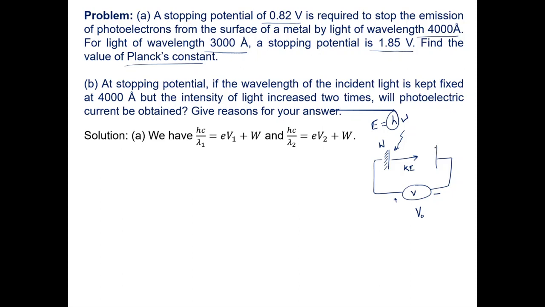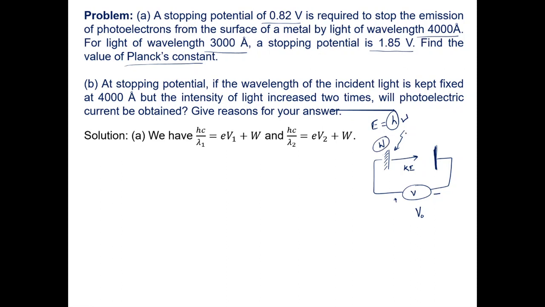So the right side plate must repel the electrons, and therefore it should retard the kinetic energy of the electrons. And if this retarding potential is equivalent to the kinetic energy, the electrons will not be able to reach the other side of the plate, right? So what we are doing here is running this experiment for different light sources. The work function is fixed.